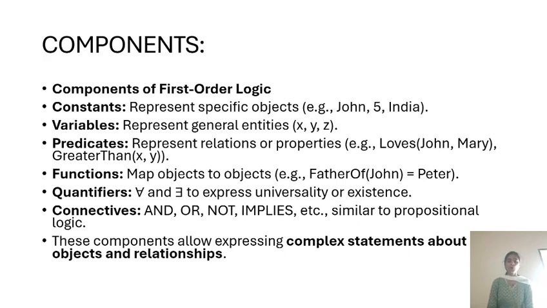Functions map objects to objects, for example father(John) = Peter. Quantifiers, for all and there exists, express universality or existence. Connectives: and, or, not, implies, etc. Similar to propositional logic, these components allow expressing complex statements about objects and relationships.